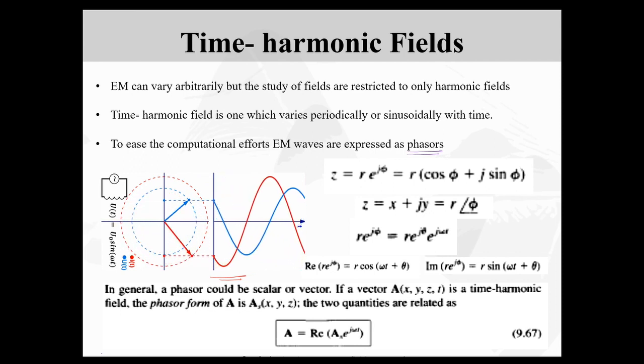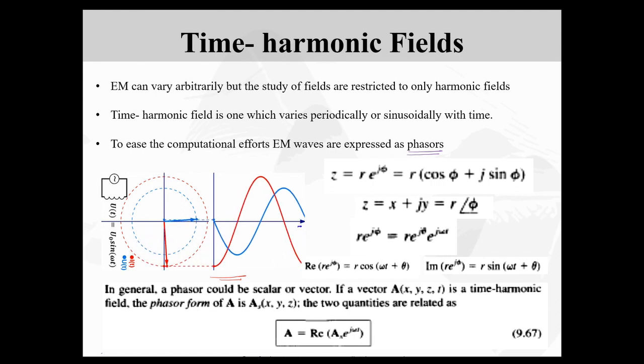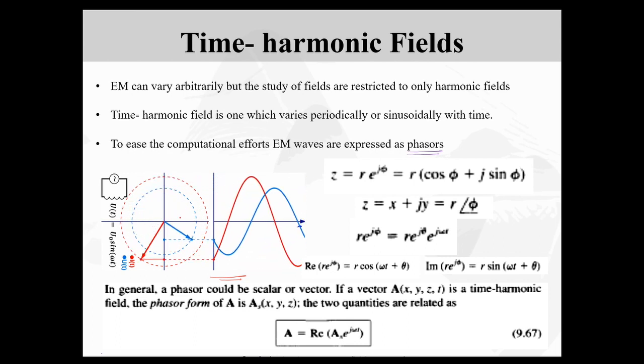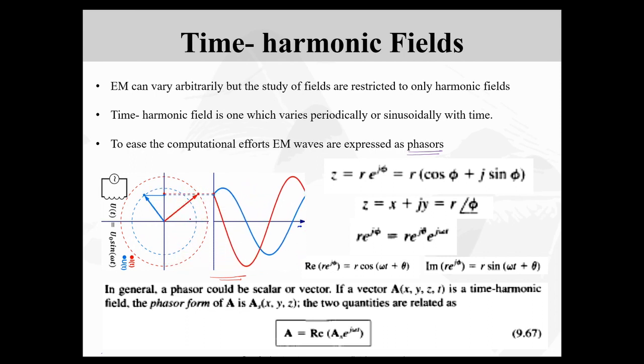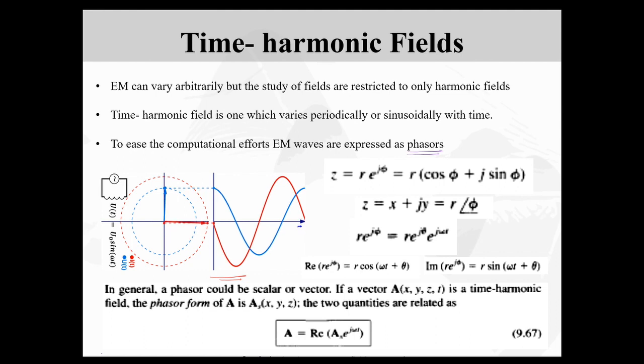When we change the angle of the position of this vector across the circle, we get a sinusoidal variation on the time axis. Therefore, it is easier to represent a sinusoid by a vector subtending an angle with respect to a reference axis, instead of writing the entire sinusoid. So let us see how to represent a phasor.